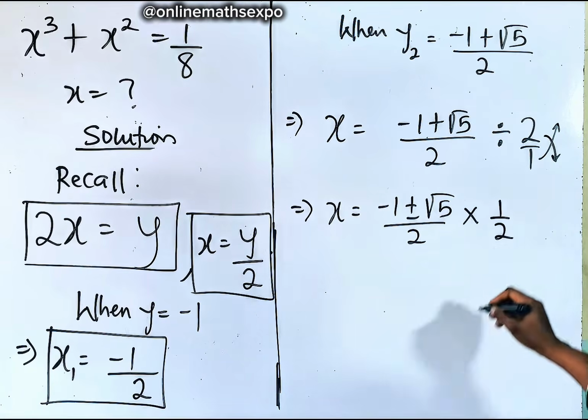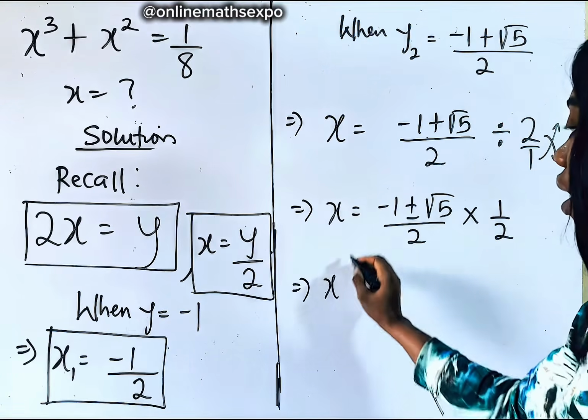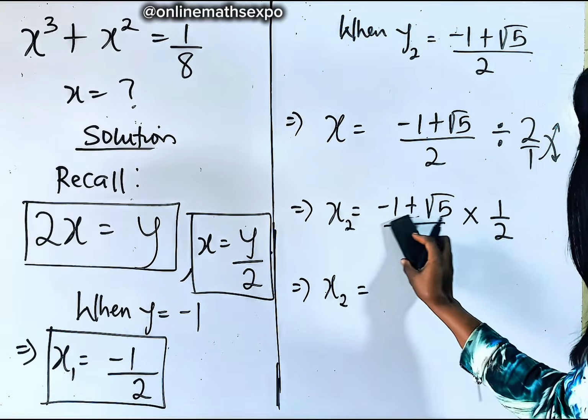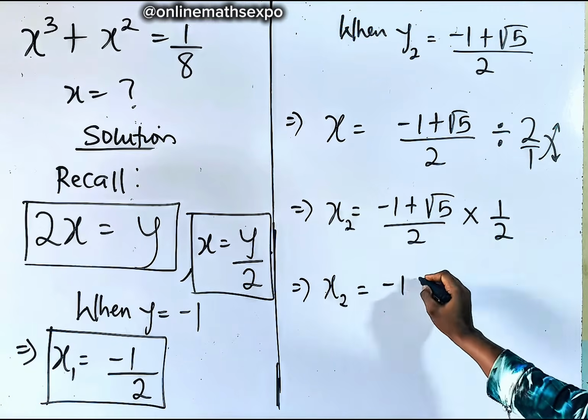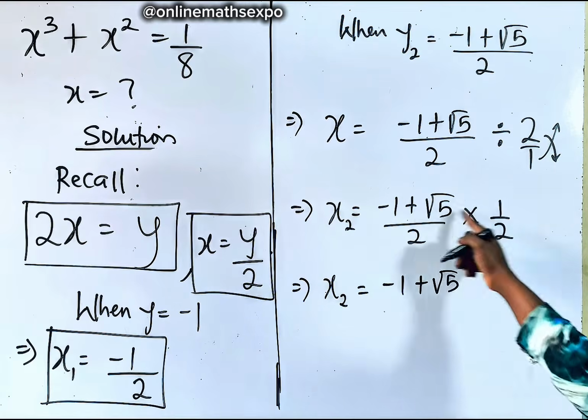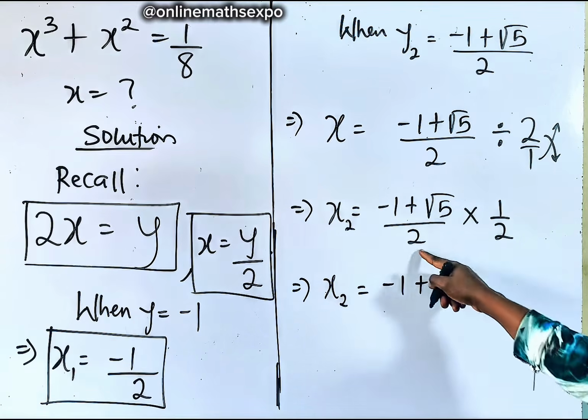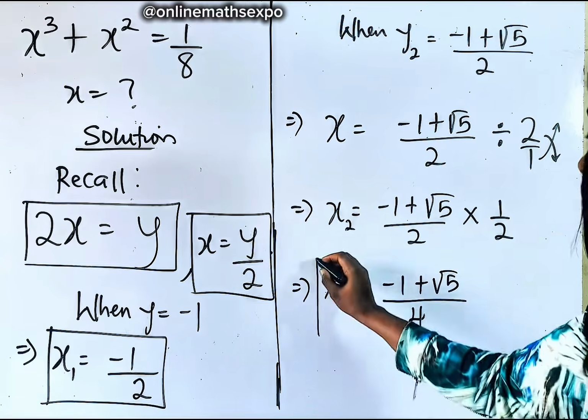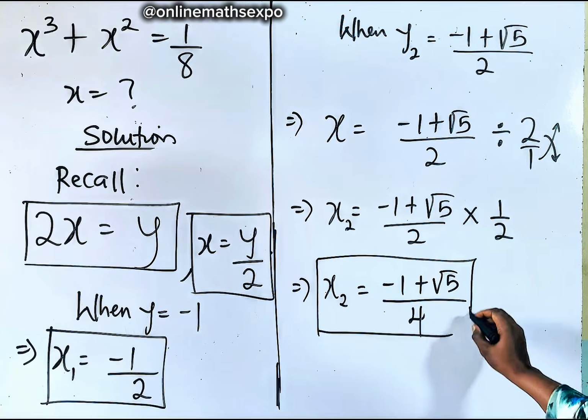So we have half. Sorry, this is negative 1. So we have negative 1 plus root 5, multiplied by 1 gives you back the same, and 2 times 2 will give us 4. So this gives us the second value of x.